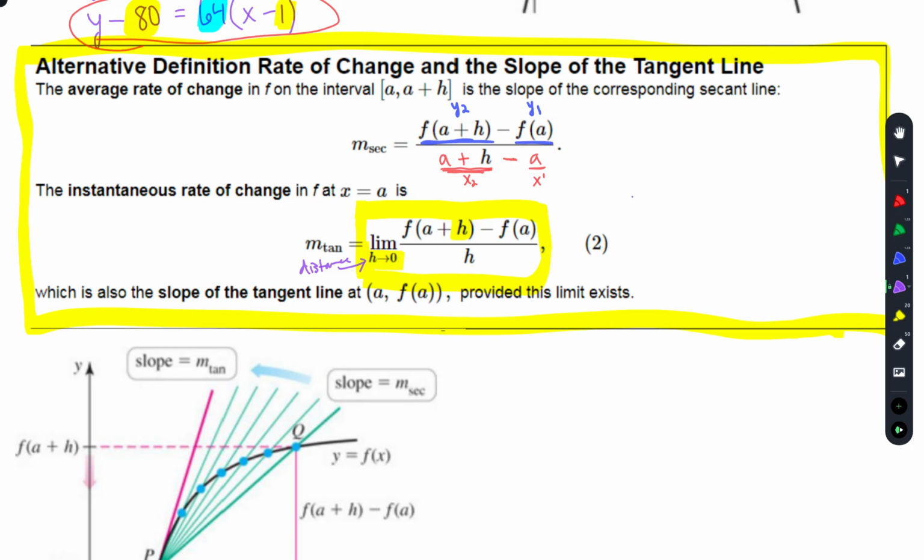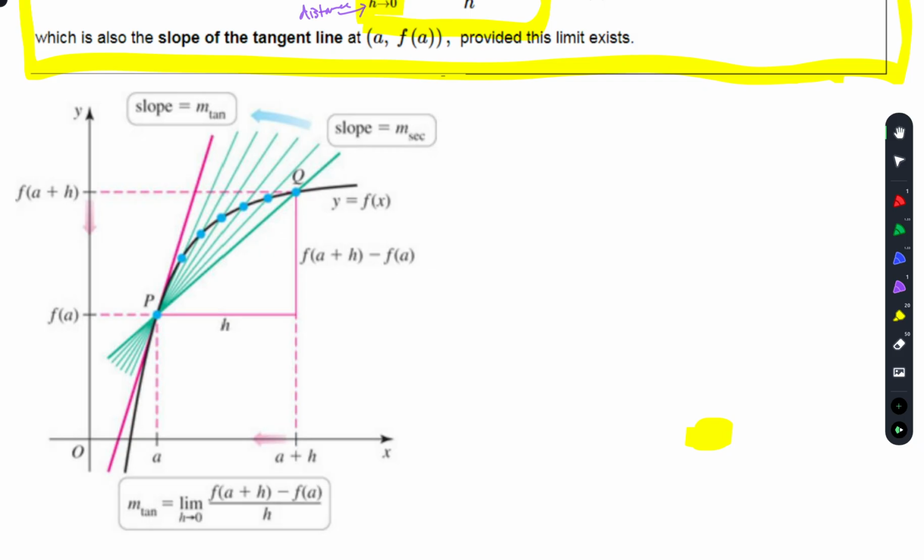Here, maybe I'll write that. h is distance from tangent line. Okay, so when you think about it with this definition, you would say the slope of the tangent is going to be the limit.